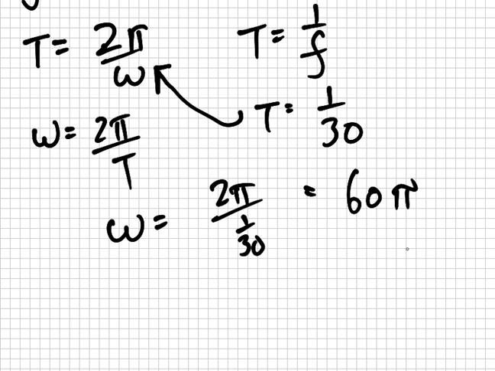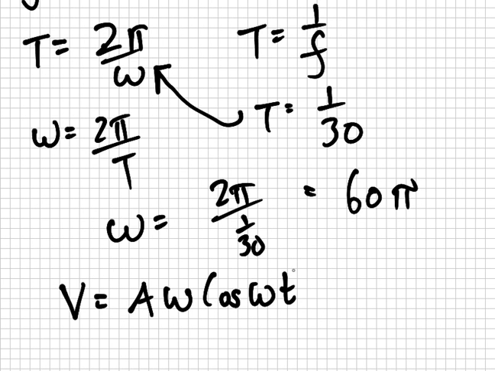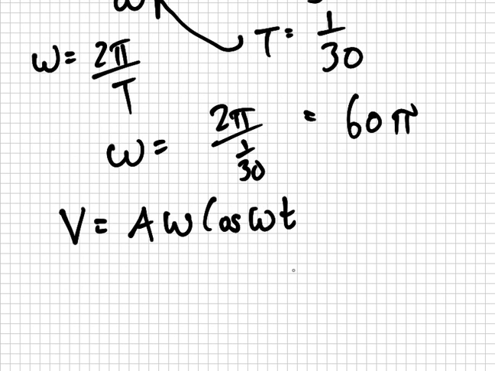Now, what do they want? They want the velocity. So you had the formula a moment ago. What was the velocity formula? V equals A omega cos omega t. The velocity of the free end as it passes through the equilibrium position. Okay. So in other words, the velocity at the beginning.